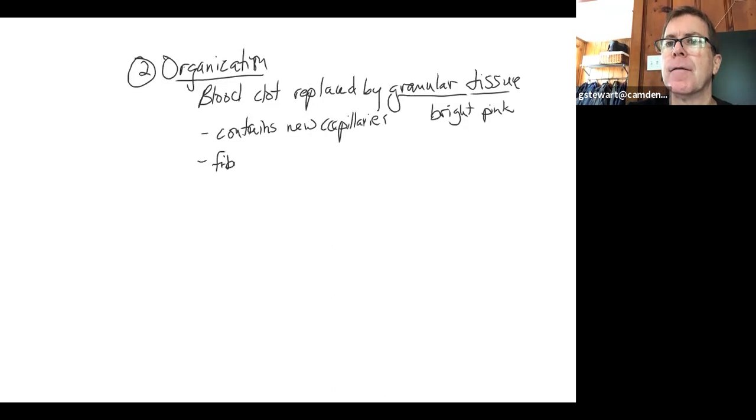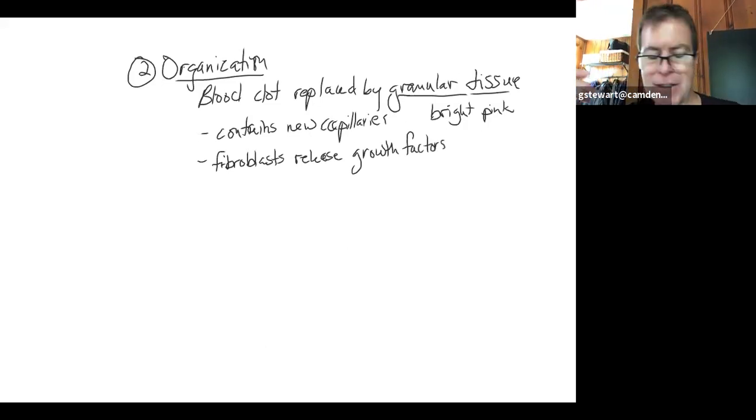Fibroblasts release chemicals called growth factors. They are hormone-like chemicals that stimulate tissue growth. Fibroblasts also secrete collagen fibers.